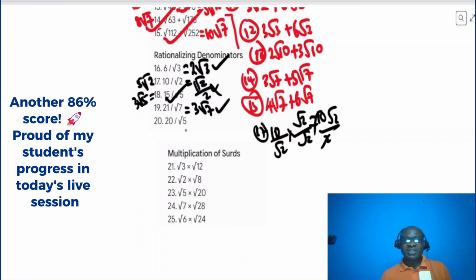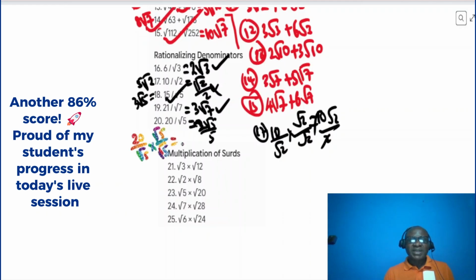Number 20. 2 root 5 over 5. Okay, let's find out. So here, the equation given is 20 over root 5. Then rationalizing is root 5 over root 5.